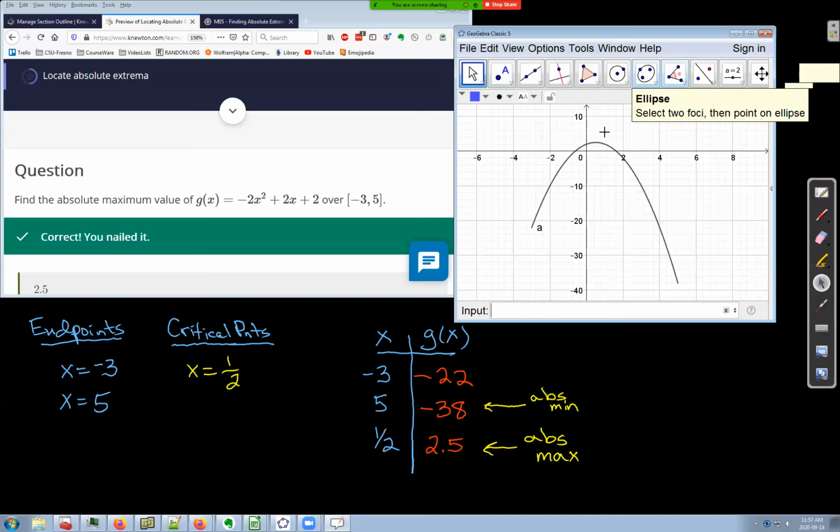Sure enough, there it is right at the very peak. So there's my maximum. And we said the minimum was when x is equal to 5 and y is -38. If I look at my graph, the minimum is happening at about x equals 5 and y about -38. So the calculus didn't lie.